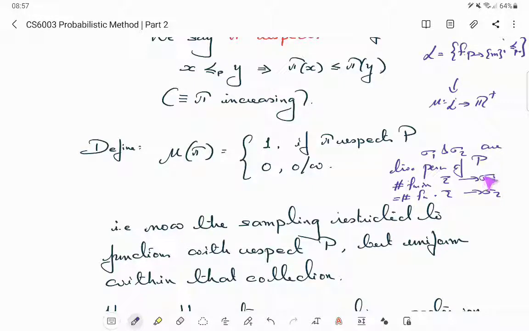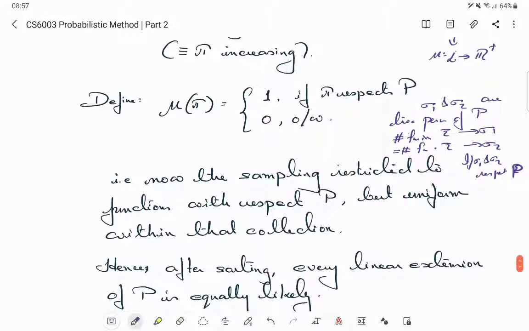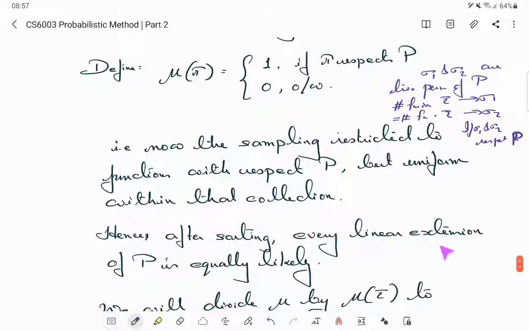And if sigma 1 and sigma 2 respect p, then each of these functions will respect p, and this total number remains the same. So the uniformly at random property, the uniformness, is not lost. Hence after sorting, every linear extension of p is equally likely.